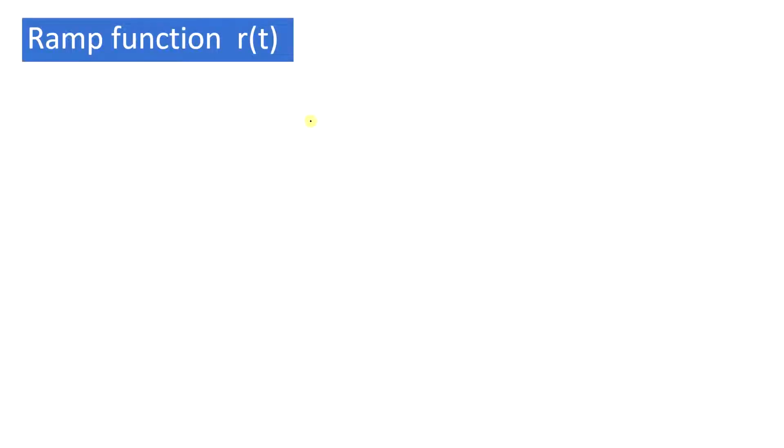Now, integrating the unit step function will result in the ramp function, that is r of t. So I can represent the signal r of t to be equal to the integral from minus infinity to t of u of tau d tau, to be equal to t into u of t. Or in general, I can represent the ramp signal r of t to be equal to 0 for t less than or equal to 0 and equal to t for t greater than or equal to 0.